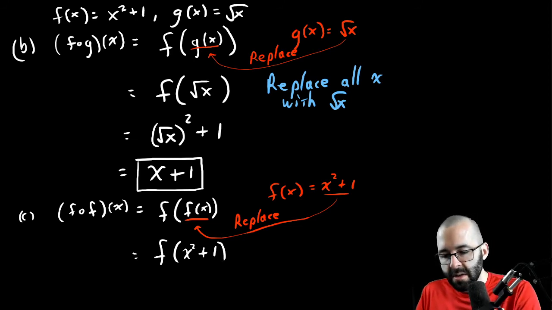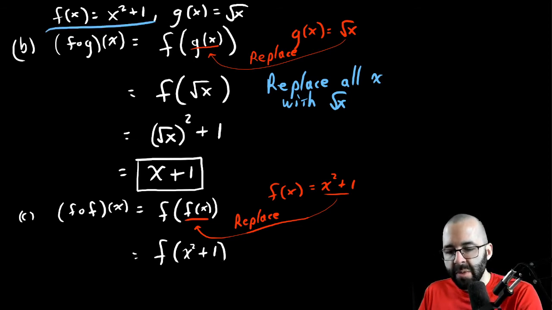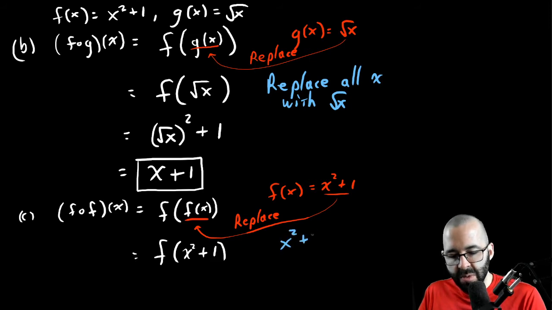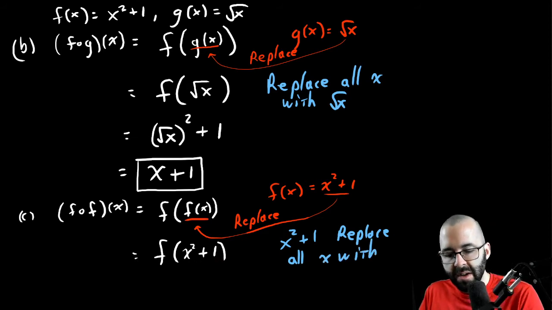And now we look at f and we replace, right? We have x squared plus 1, and we're going to replace all x's with x squared plus 1. So we have this, and each x we're replacing with this.